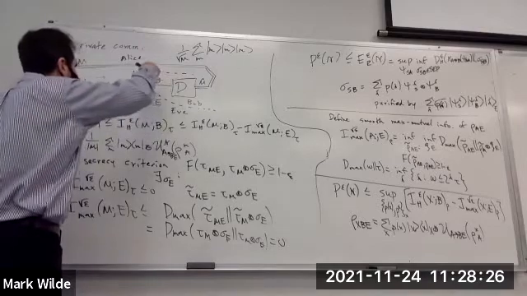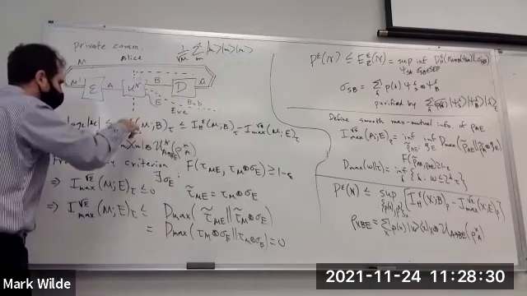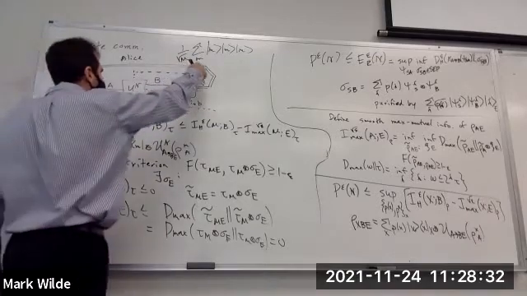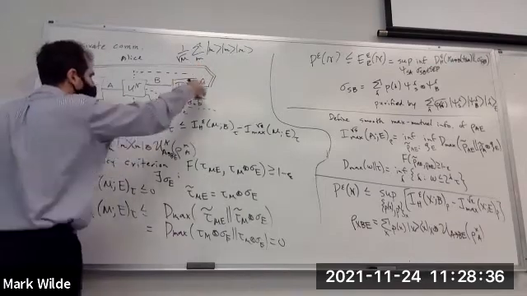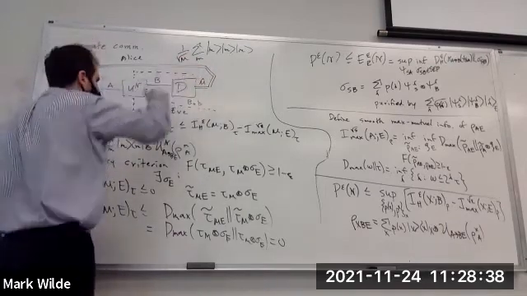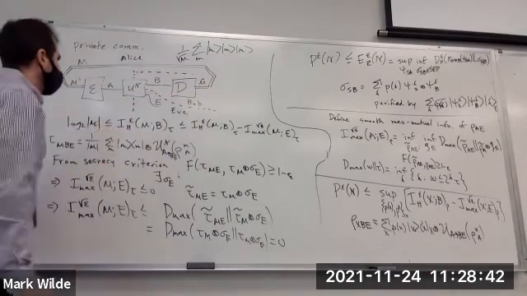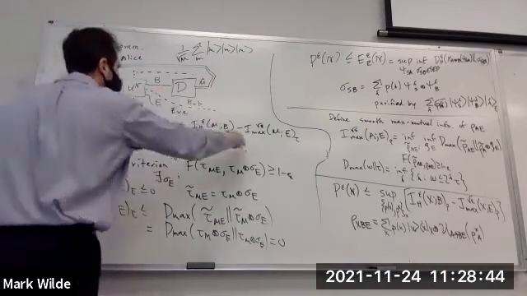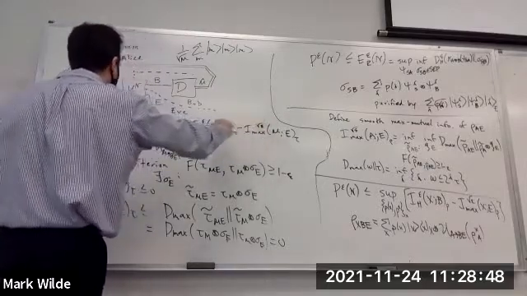The reasoning was similar as before. To get this upper bound, we used an upper bound in terms of mutual information between M and M hat, and then we used data processing to get to this. That's what we did in the past, and we're using it again. Then we subtracted, or added in, this other quantity.